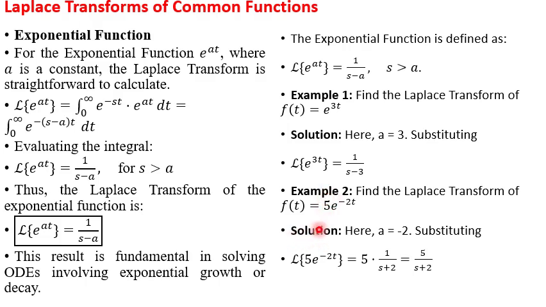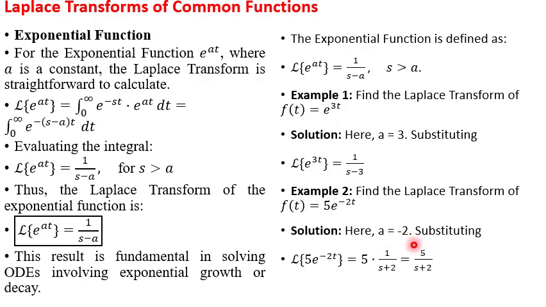Now the solution here. Of course, this is an exponential function, and the Laplace transform of an exponential function is given by this expression. Comparing this expression and this shows that a equals minus 2.